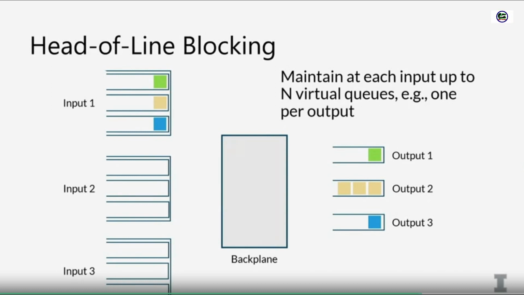That packet is not going to block these other packets. I want to send it to output 2, but I can't. But that's okay, because since I have virtual queues, I'm able to inspect the head of each queue and send packets from other queues. So I'll be able to send the green packet and the blue packet, and so on. So virtual queuing is a good solution to this.